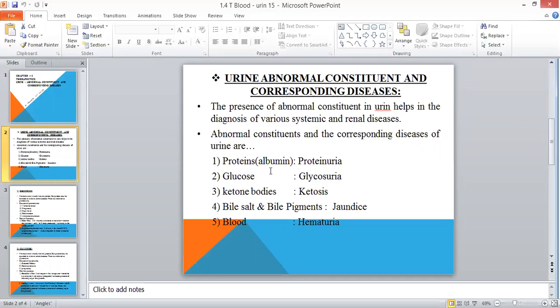And when bile salt and bile pigment are excreted from the urinary tract or urine, it is called jaundice. And when blood is excreted with urine, it is called hematuria.